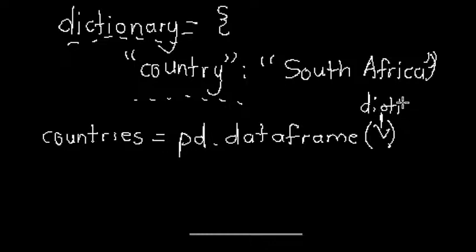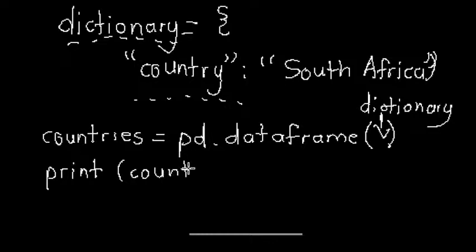In this case, it will be the dictionary. And then if you print countries, it will basically format it into a table, which allows you to do different things across different columns and rows of that table.